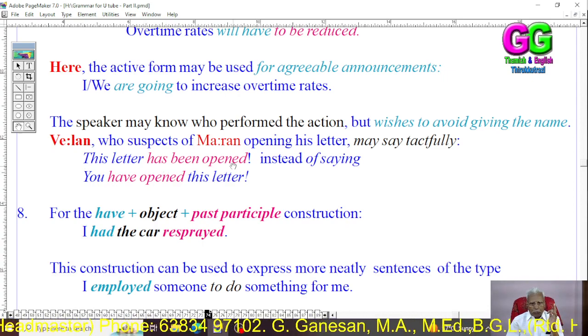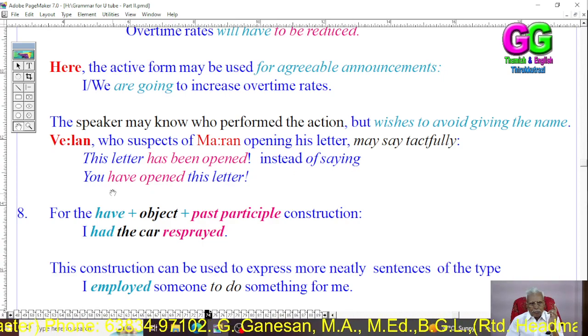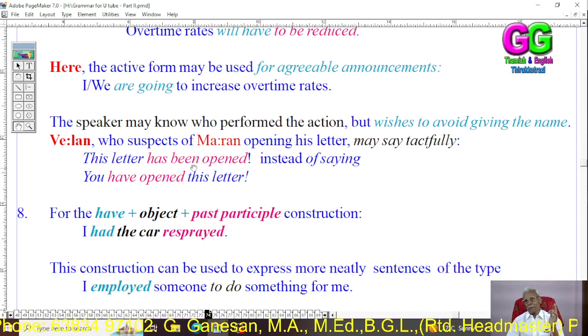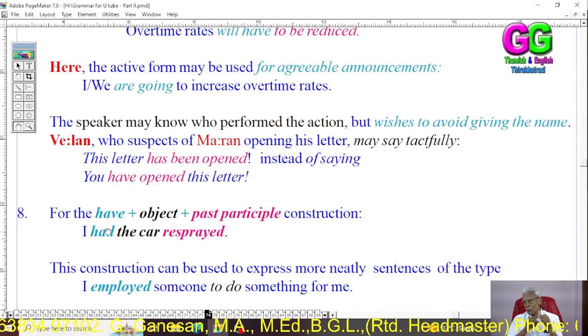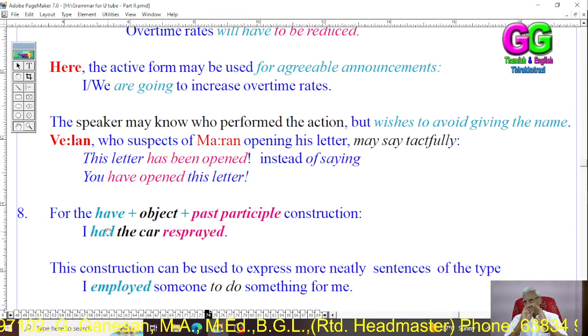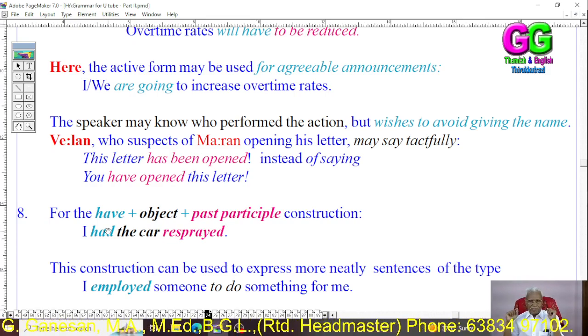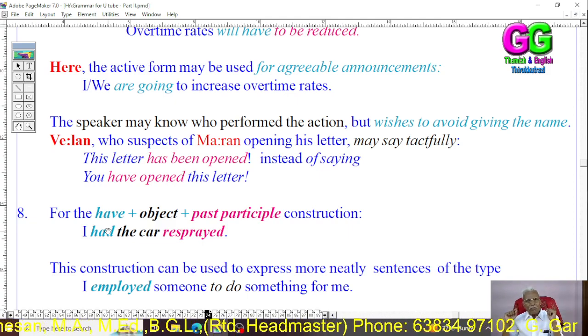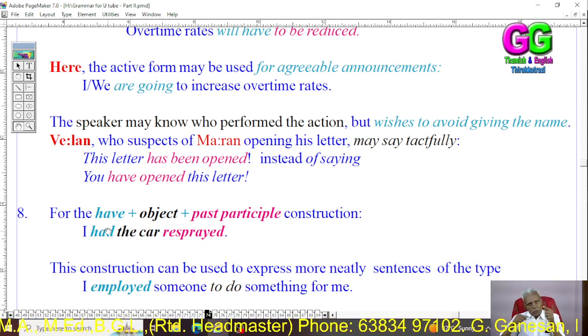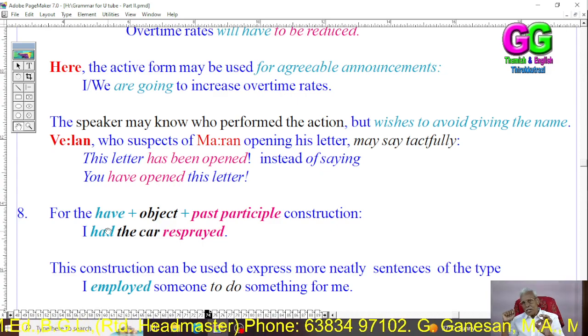This letter has been opened. Instead of saying, you have opened this letter, or Vernon telling Moran, you have opened this letter, which is not a decent way of expressing, to avoid this, say: the letter has been opened.